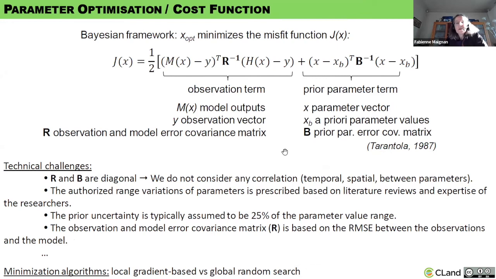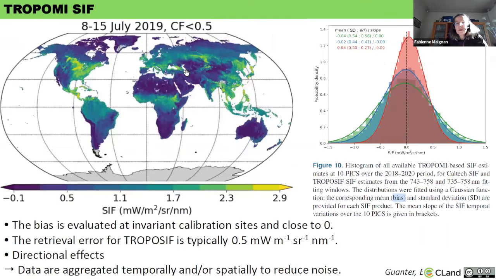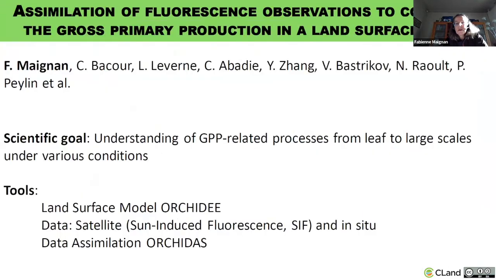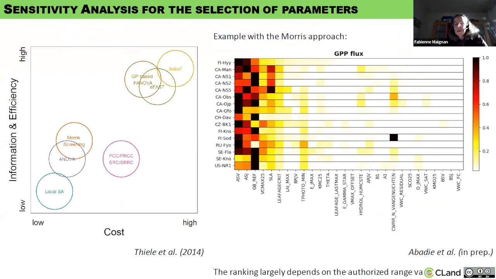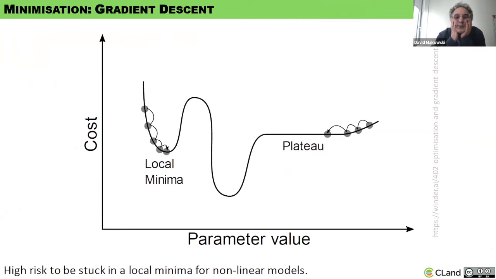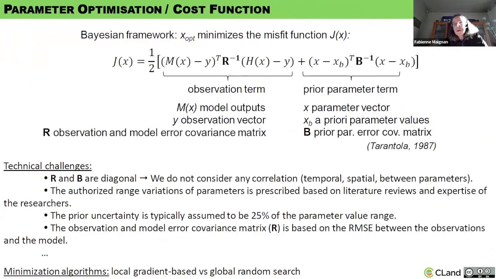Okay, so first we perform a parameter selection, and I would say we usually keep between 10 and 50 parameters. For the observations, we use time series, for example from FluxNet, over several years.